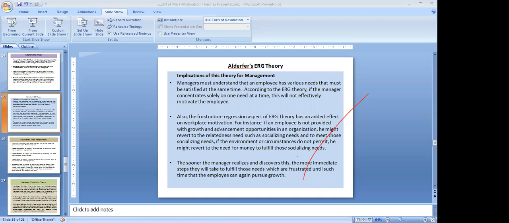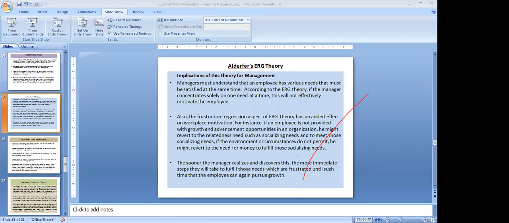But this theory, ERG, recognizes the fact that at certain times, a need which is being sought may not be met. Conditions may be frustrating, which limits the actualization of such need.